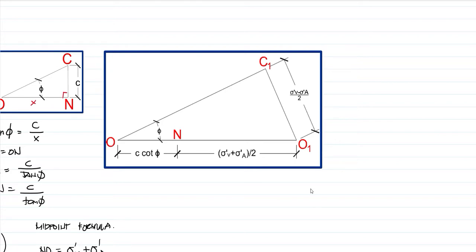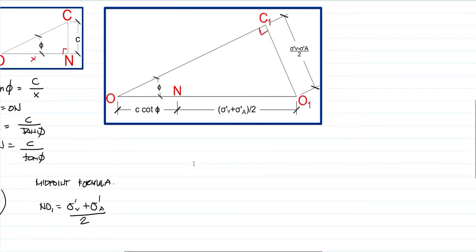Then, ito na yung sigma prime V plus sigma prime A over 2. Then, ito yung radius ng ating Mohr circle, which is sigma prime V minus sigma prime A over 2. And as you can see, alam natin na yung point of tangency will give us a 90-degree angle dun sa radius ng circle natin.